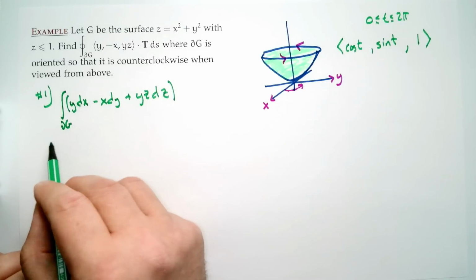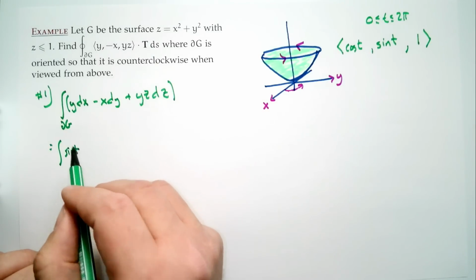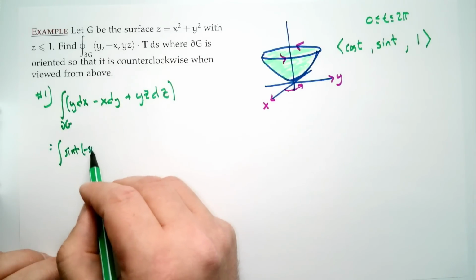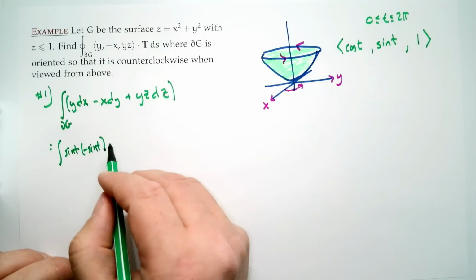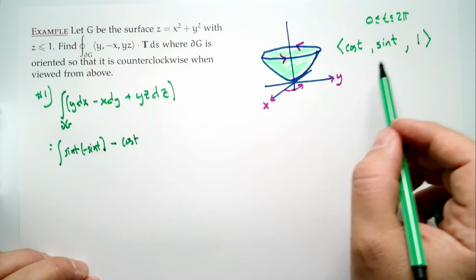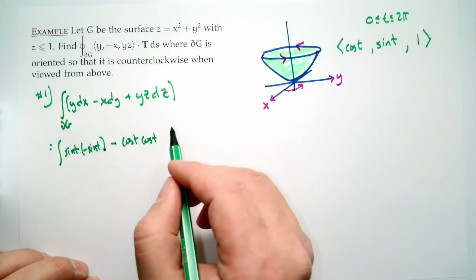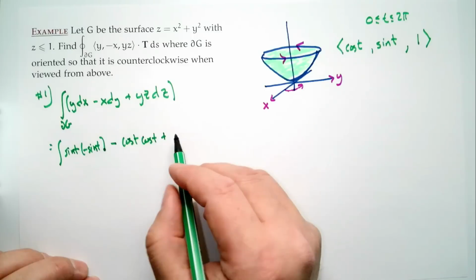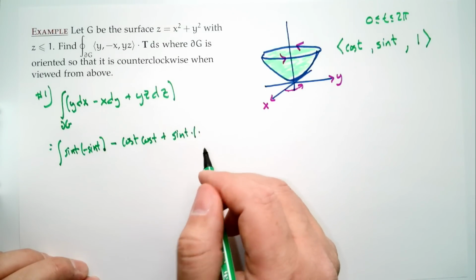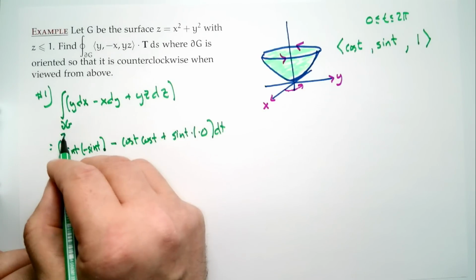So we just go through and say, what is y? y is sine t, dx is negative sine t dt, minus x, which is cosine t, dy is cosine t dt, and y is sine t, z is 1, and dz is 0. So we're going to integrate that dt from 0 up to 2 pi.